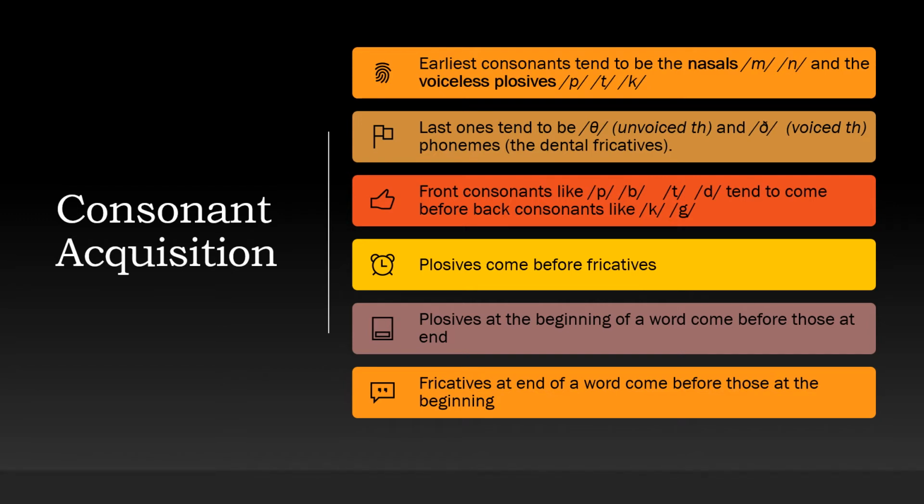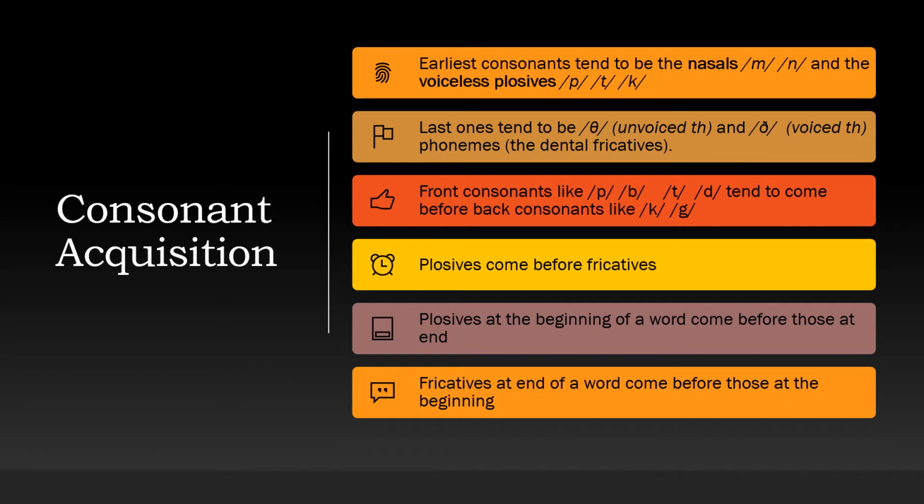You've got to hold the airflow to create fricatives. So plosives, you know, easier. P is easier than s, because you have to hold that airflow going through.